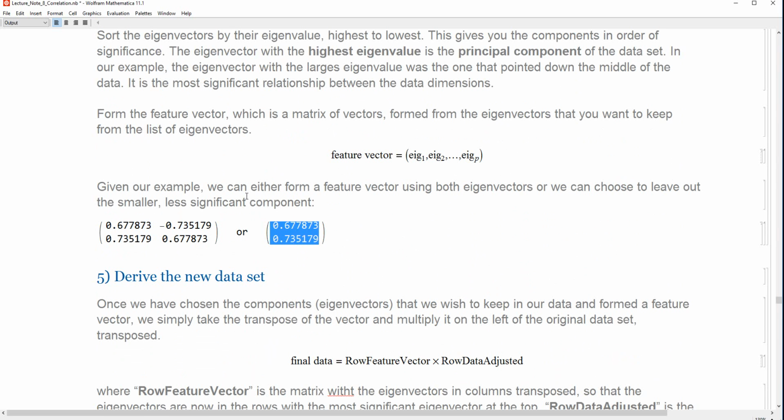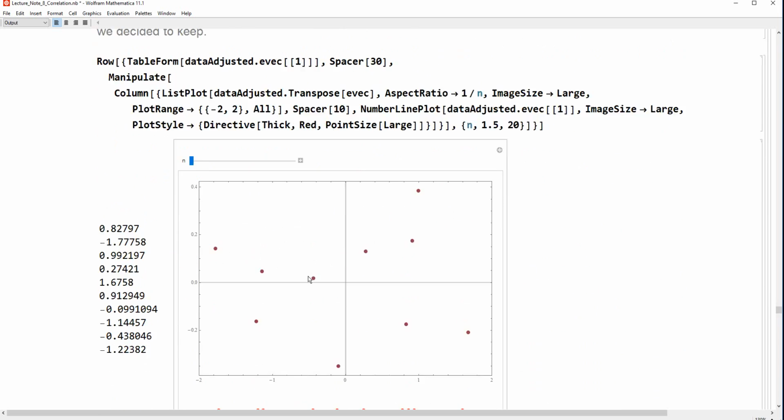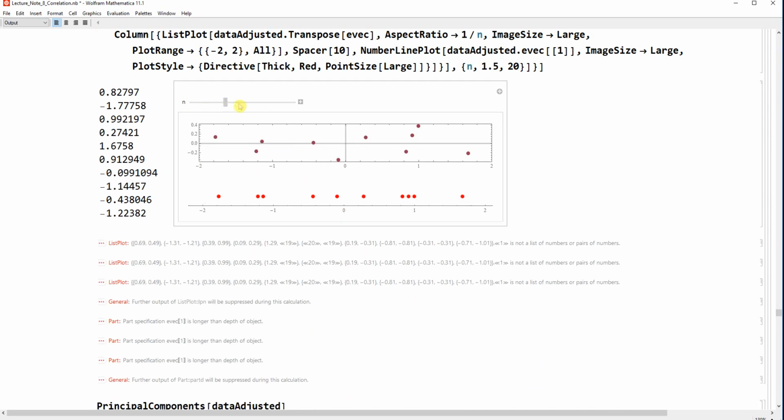In our case, this would compute only a new x value from an xy pair. And that would look like this compared to the full information here. Of course, we lose information.